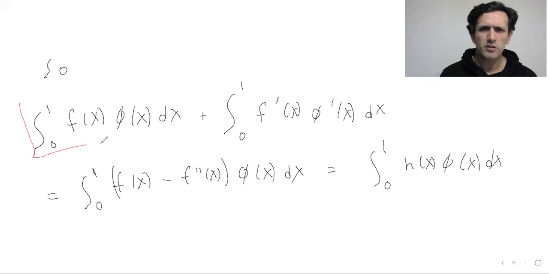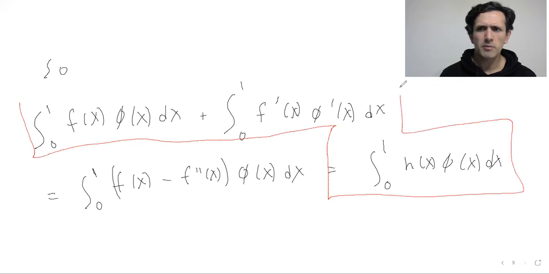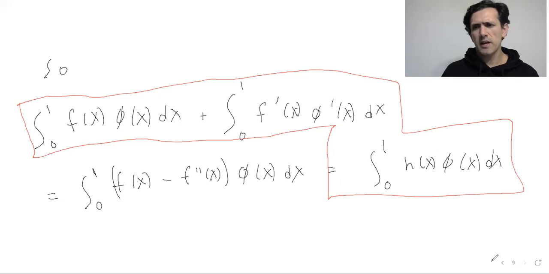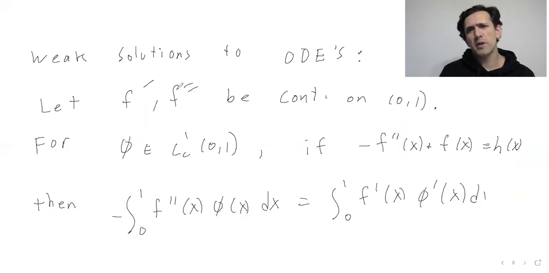All right, so in some sense, and you can actually show that, I won't do it, but if what I have in red is true for all C_c^1 of (0, 1) functions, and f prime and f second prime are continuous on [0, 1], then this has to be true.